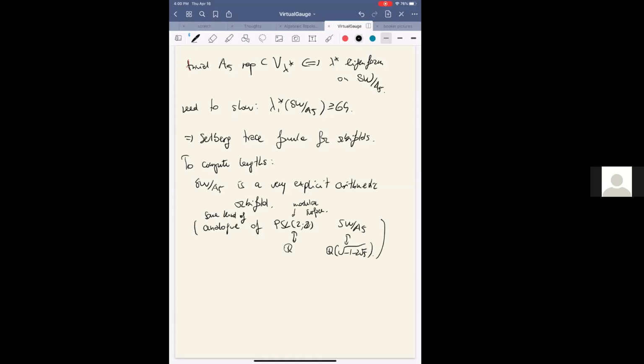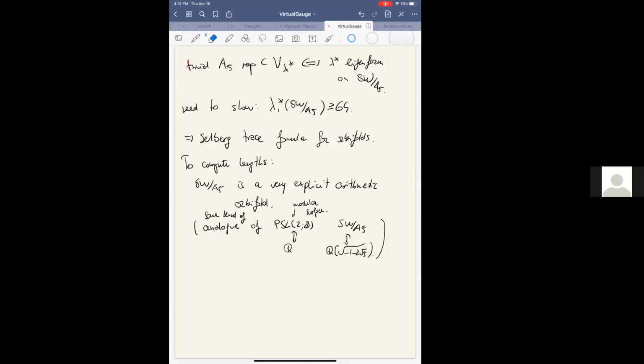Yeah, so it's very classical that lengths of geodesics on the modular surface correspond to fundamental units in some quadratic extensions of the rational numbers, and the multiplicities are some kind of class numbers. An analog holds for these more complicated objects related to this more complicated field.